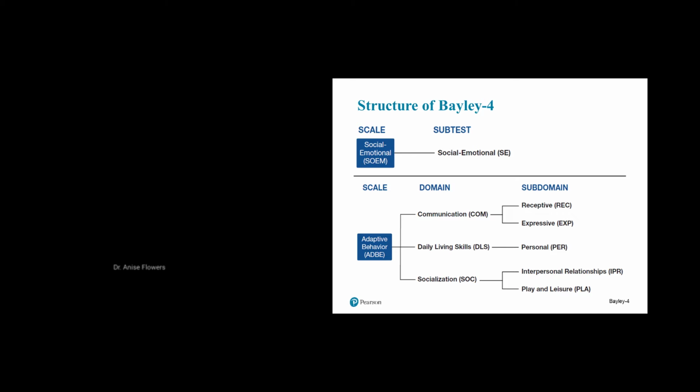So if you're familiar with that, you see similar domains and subdomains here, but essentially you get scores for the subdomains, receptive, expressive, and then the domain of communication, daily living skills, specifically personal development. And then for socialization, you get information on interpersonal relationships and play and leisure.